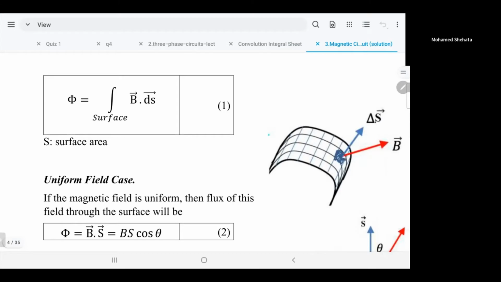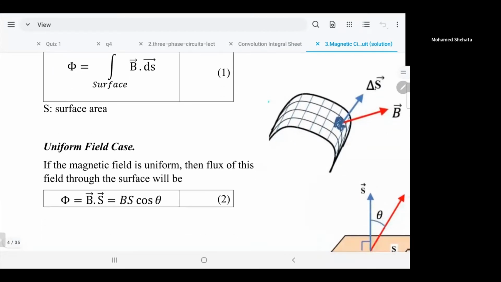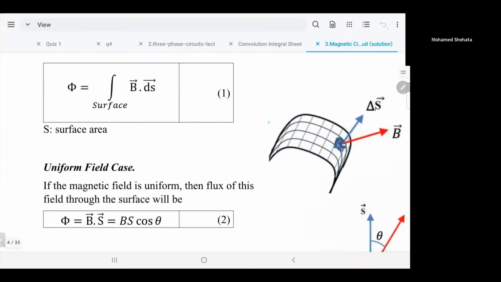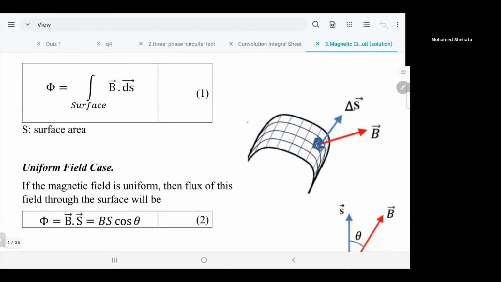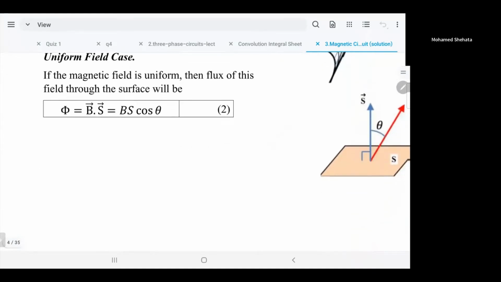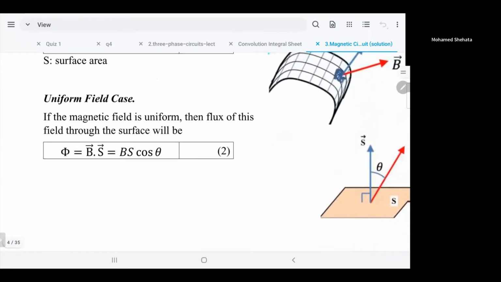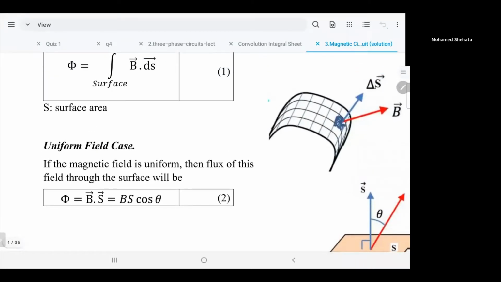So the flux is equal to the density times the area. In general that's the integration, and observe the dot. The direction of dS, the area, is perpendicular to the surface itself. In the uniform case, what does uniform mean? It means that all lines are parallel and equal.